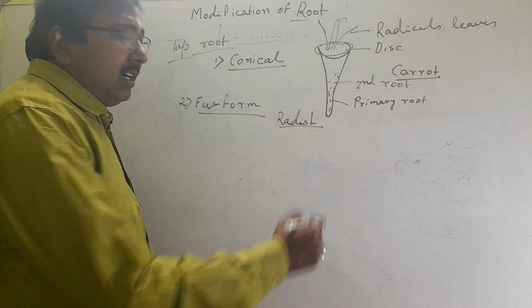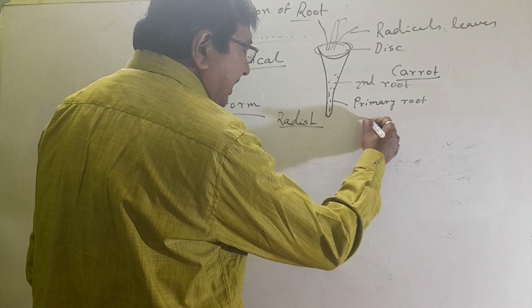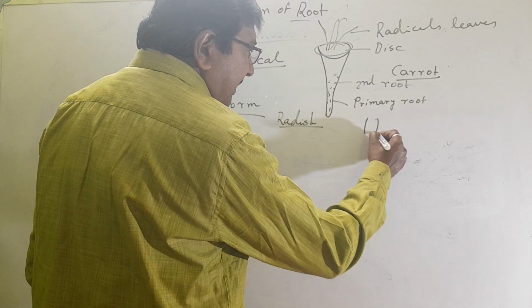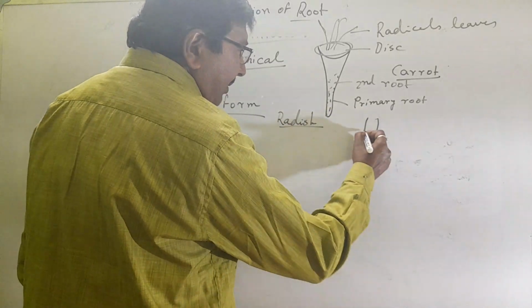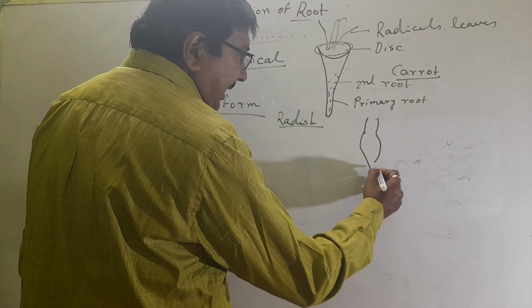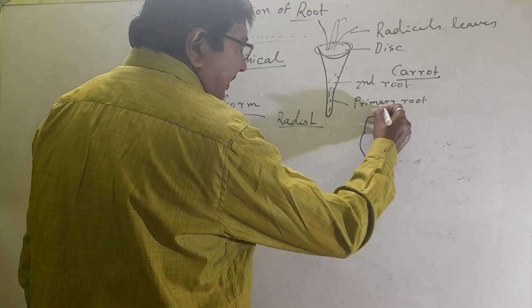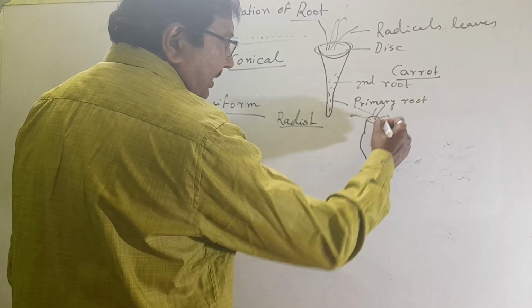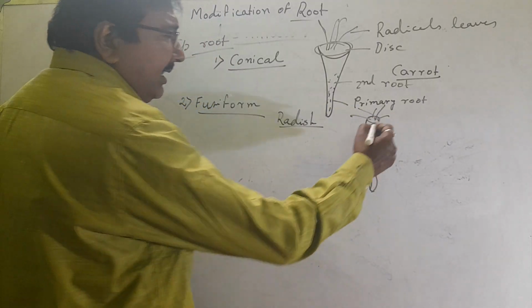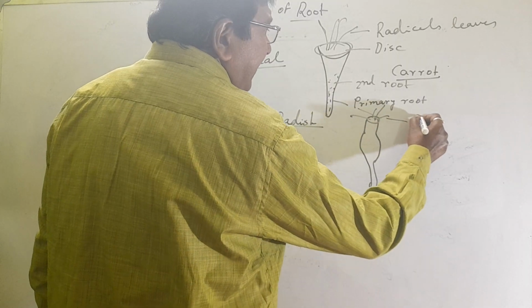How does it look? Like this. The upper part is tapering, the middle part is solid, and the lower part is like this. This part is called radical leaves.